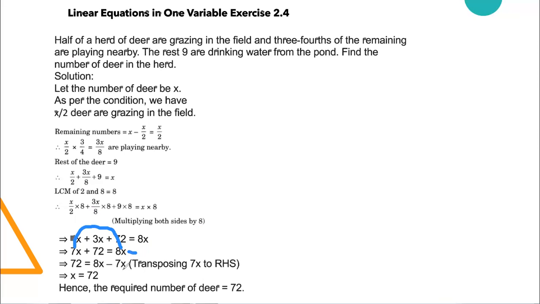So 8x minus 7x is 1x. Therefore, x equals 72, which is the total number of deer in the herd, including those playing nearby and the 9 drinking water.